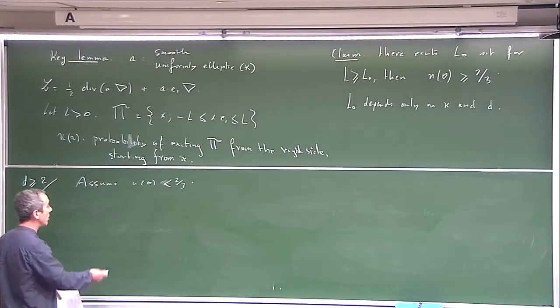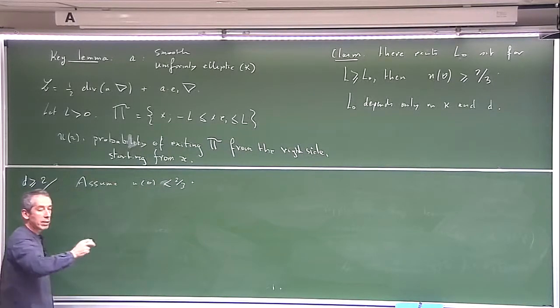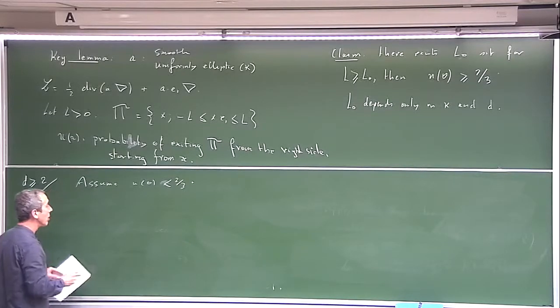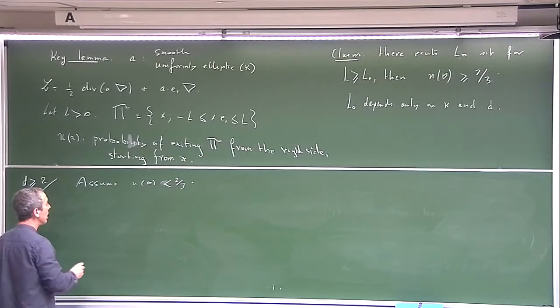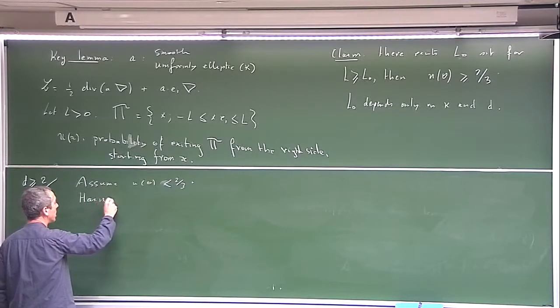The first observation is that if U of 0 is less than 2/3, then U is still less than 2/3 on a certain neighborhood of 0. And that relies on some Harnack inequality.